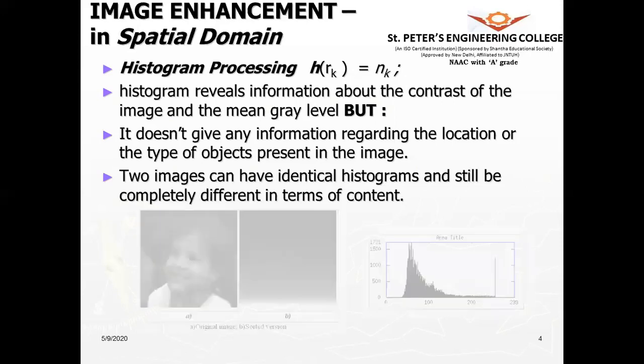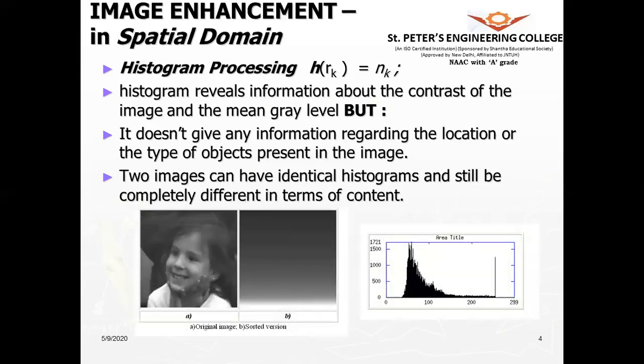For example, images A and B both have the same histogram plot, but the content of image A and image B are different. So we cannot tell the content based on the histogram. That will be the problem when you are using only the histogram for a processing application.